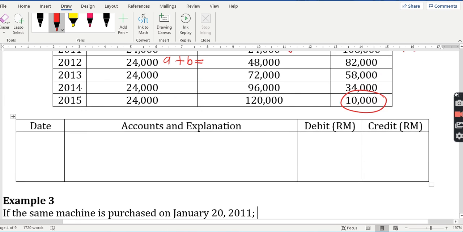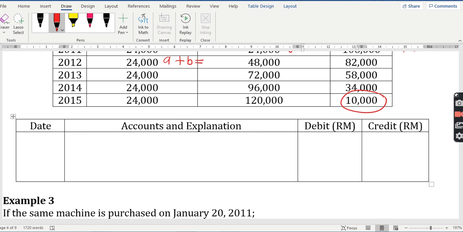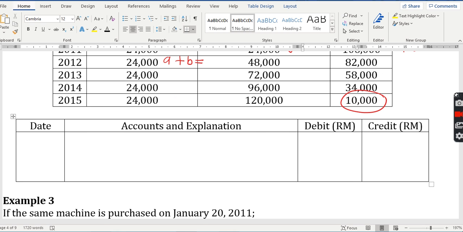So how do I record the depreciation expense for 1 year? As you know, depreciation expense is actually an adjusting entry, so it will be done during the closing date. Here the closing date is 31st of December 2011.